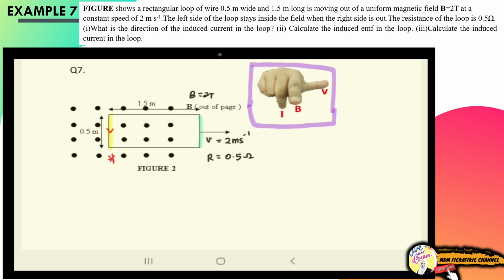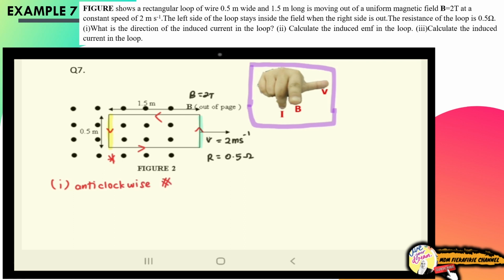So we put our hand, VBI, at this point, therefore the induced current is downward. So the answer for number 1 is anti-clockwise.